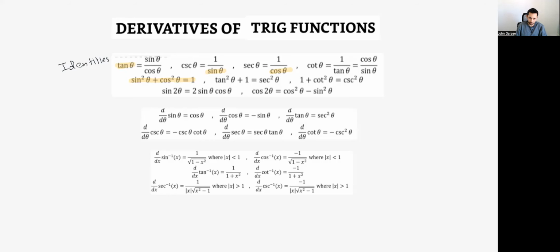Down here are the main derivatives. The most important ones to know: when you take the derivative of sine, it goes directly to cosine.